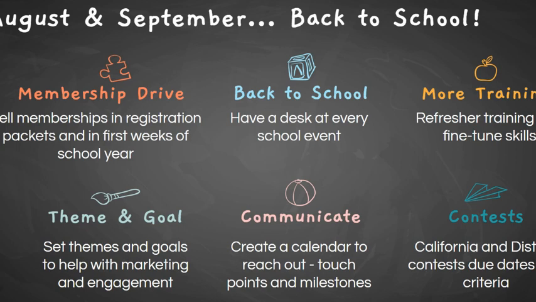And we'll be sure to communicate all of our contests and due dates to you, as well as any goals we've set for your units or your council. And we'll remind you about those goals and where you're at throughout the year. But for sure, consider having your own goals and your own contests as well. You're not required, but it's certainly a great way to increase some interest.